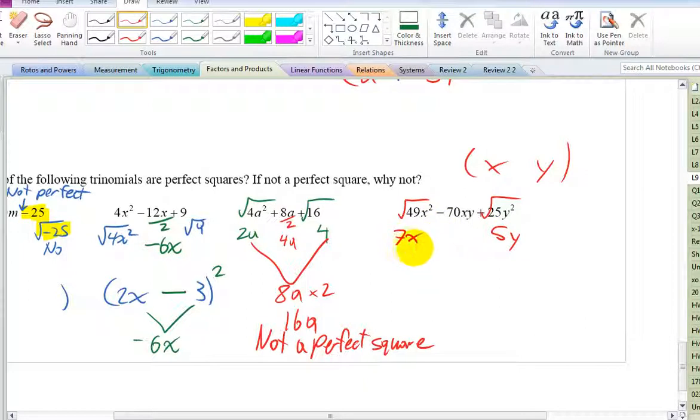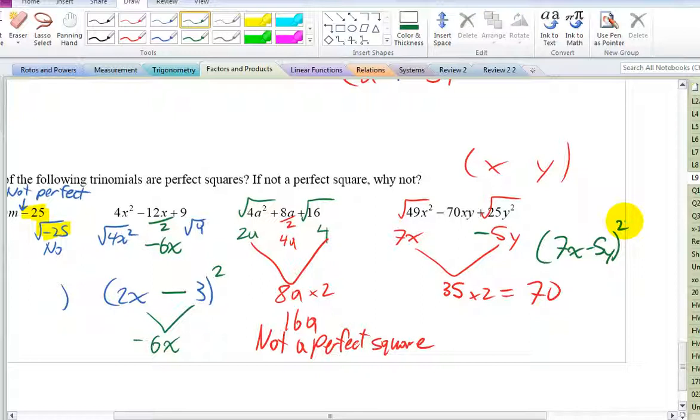What happens if you multiply those together? 5 times 7? 35. And then double it. We get 70, but we want negative 70. Can we get that somehow? What does our 5y have to be? Negative. So this one will be 7x minus 5y squared.